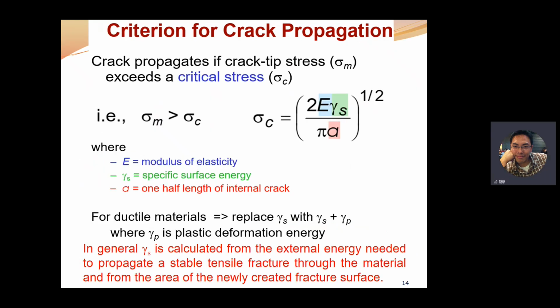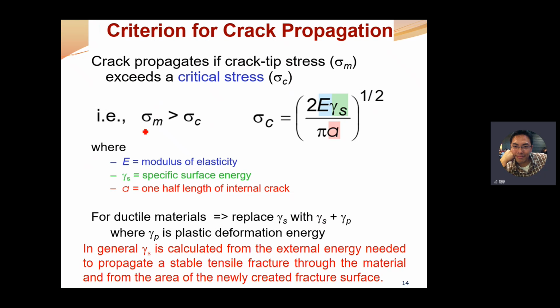So the criteria for crack propagation. How do we define when the crack starts to propagate? We already mentioned that the maximum stress is located at the crack tip, right?